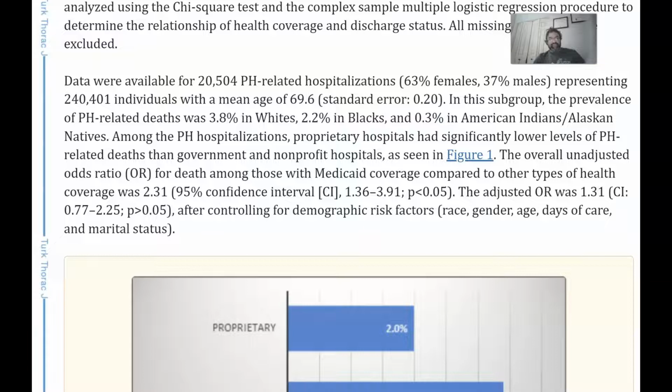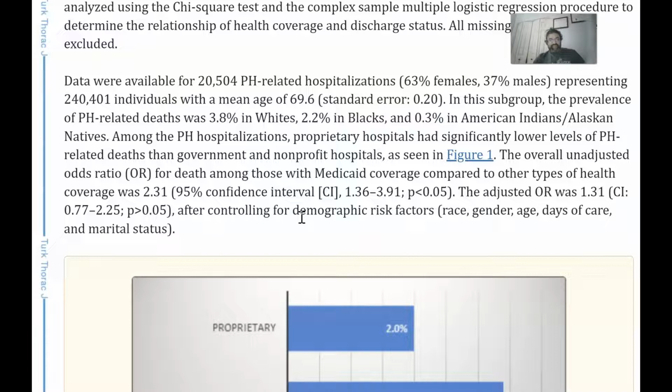So as you can see, overall unadjusted, we were looking at Medicaid coverage compared to other types of health coverage. It was 2.31, so it's 131% compared to other types, and then closer to 1 for individuals that had Medicaid coverage.